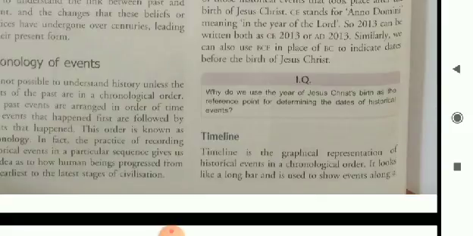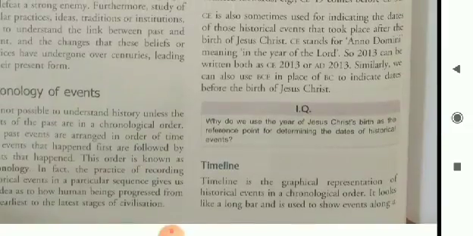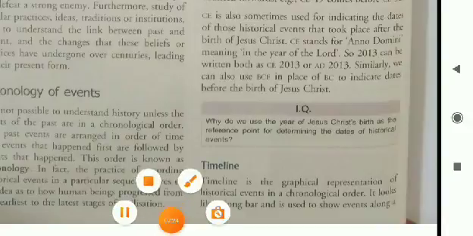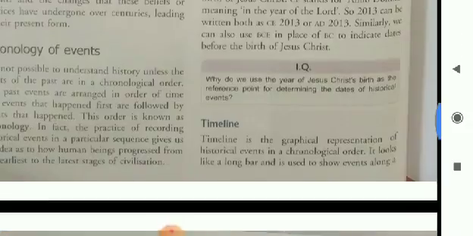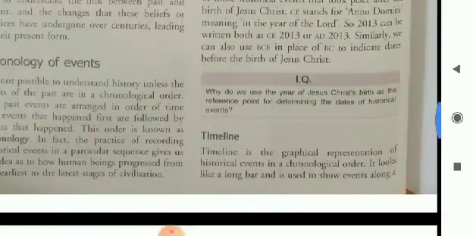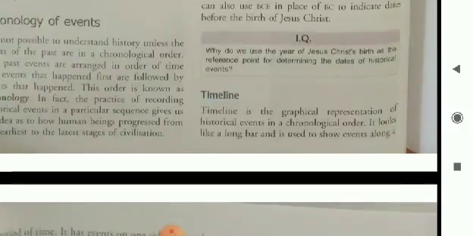So 2013 can be written both as CE 2013 or AD 2013. Similarly, we can also use BCE in place of BC to indicate dates before the birth of Jesus Christ.